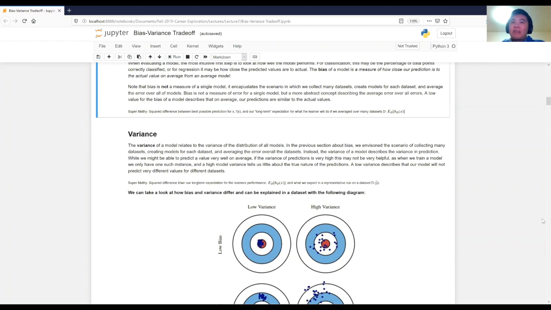But variance of models is much harder to define. And it's actually really hard to compute in real life. So people never really calculate variance precisely and more talk about it as a concept. But when we talk about variance here, we're talking about the variance in the distribution of models.